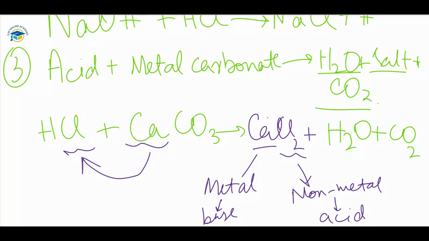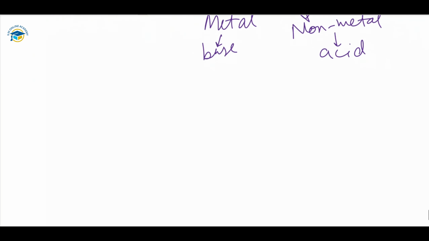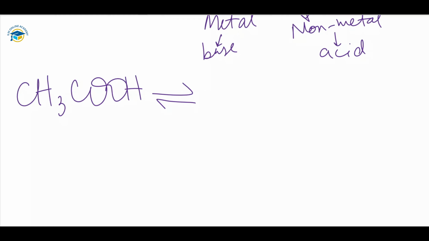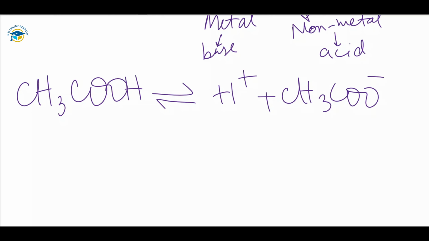If the acid is weak, like for example ethanoic acid, CH3COOH, then it forms a reversible reaction, only a small fraction of the covalently bonded molecules is dissociated into hydrogen ions, plus CH3COO negative ions or ethanoate ions.